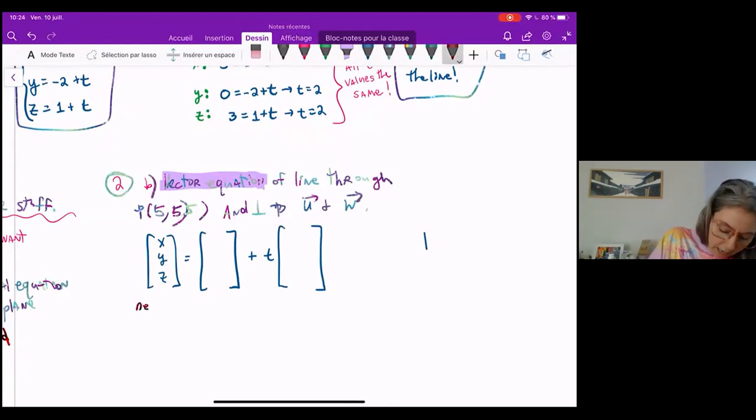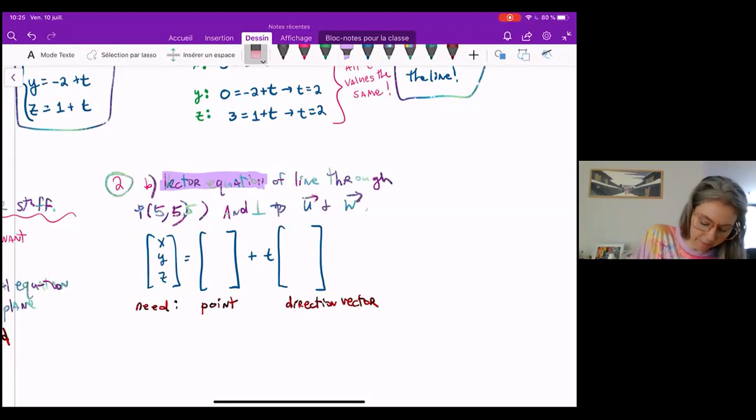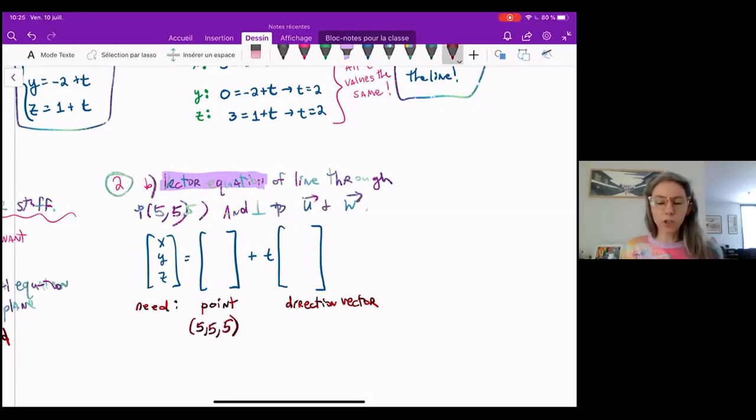So what I need here is my point and my direction vector. Do I have a point? Am I given a point? Yes. That point is 5, 5, 5. So that is given explicitly. The direction vector is not given explicitly, so this is what I'm gonna need.